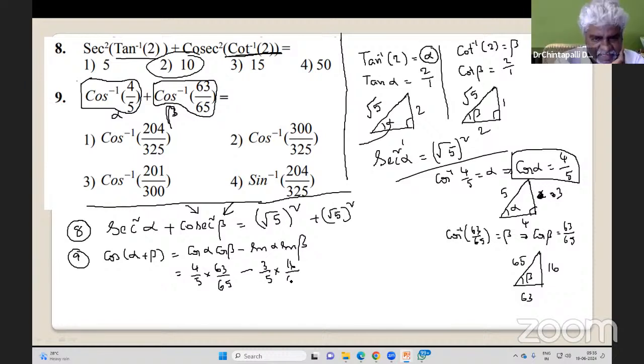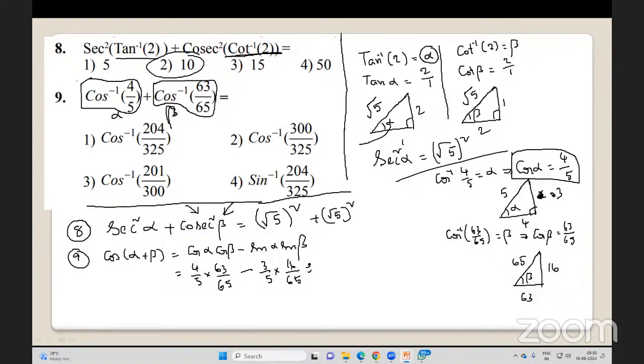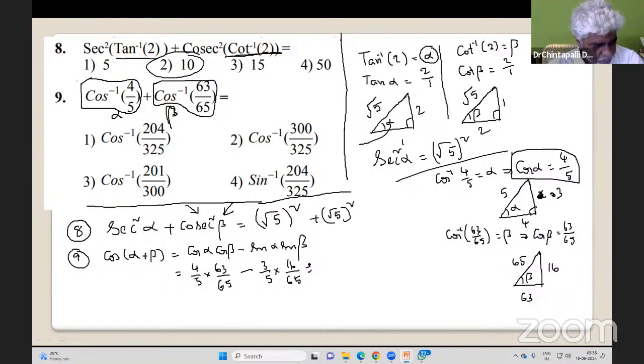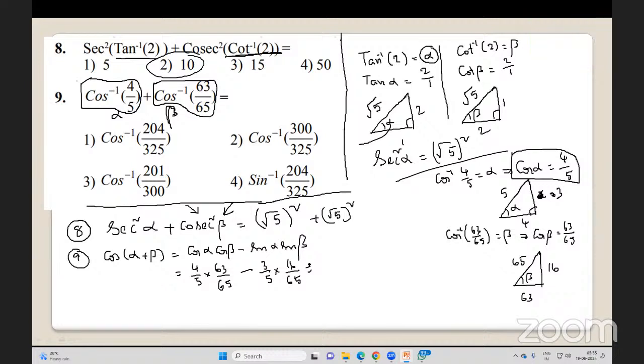Now simplify it and tell an option. 252 by 3... 4 by 325.